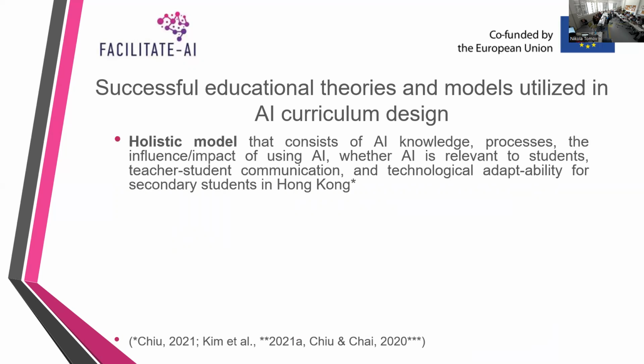One approach they propose is the holistic model. It consists of what we're trying to do in this training: basic AI knowledge, processes, the impact of using it, whether it is relevant to students, teacher-student communication, and technological adaptability for the students.